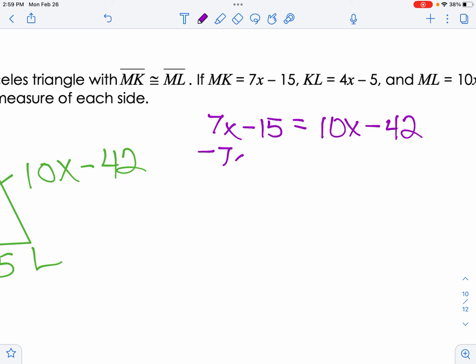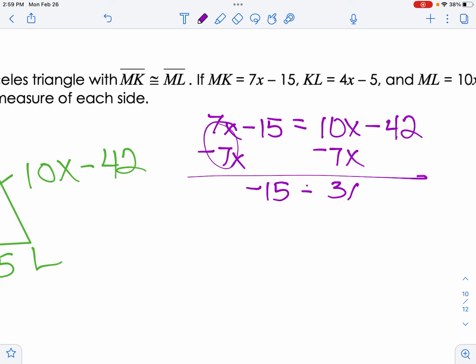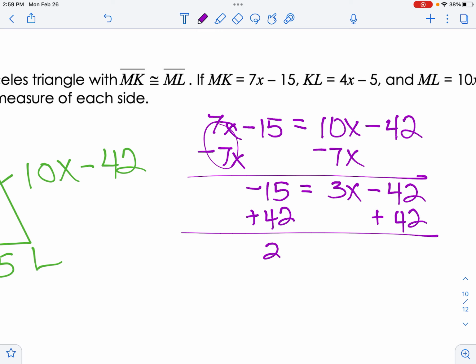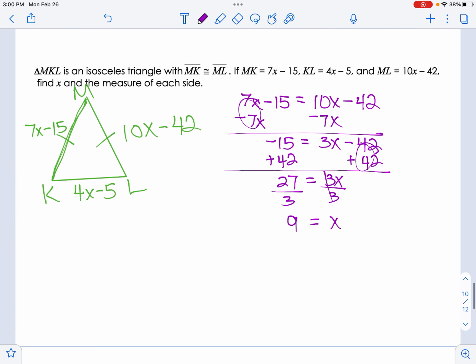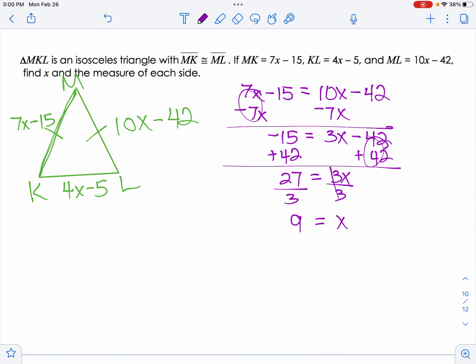So get all my x's on one side. Okay, add 42 to both sides. Divide by 3, we get 9. Okay, so now I just want to figure out what the sides are.